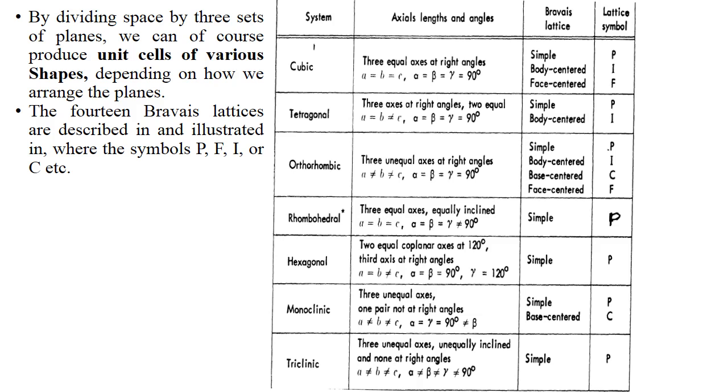And we have already discussed that these crystal systems are actually explained on the basis of different axes and angles. Axes may be equal or unequal to each other, and the same is true for the angles, which may be equal to 90 or greater or less than 90, and they may also be equal or unequal to each other.